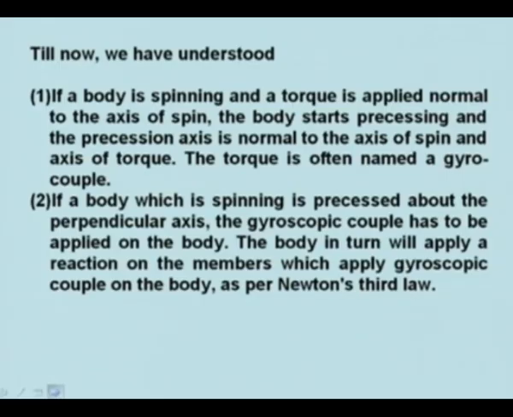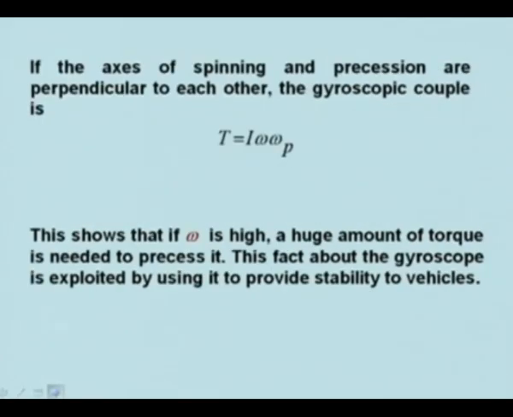This torque is often named the gyro couple. If a body which is spinning is precessed about a perpendicular axis, the gyroscopic couple has to be applied on the body. The body in turn will apply a reaction on the members which apply the gyroscopic couple on the body, as per Newton's third law. So these things have to be kept in mind.